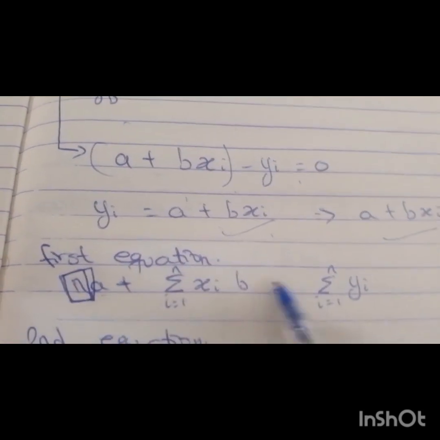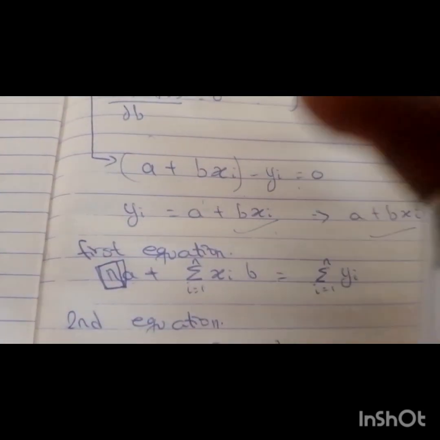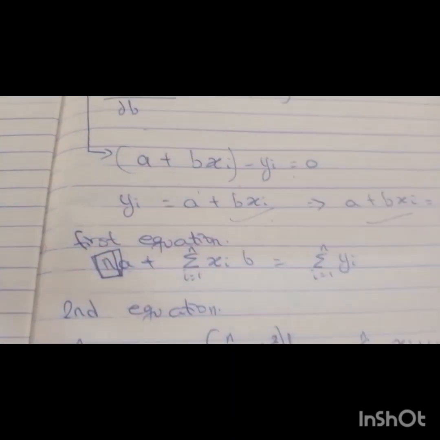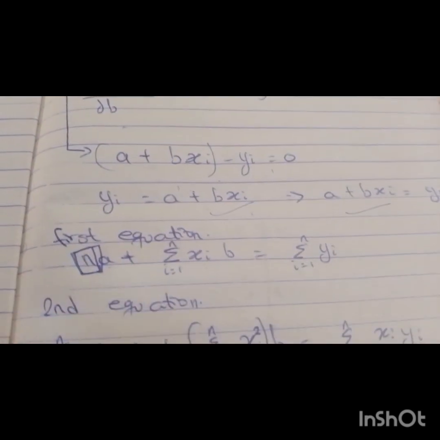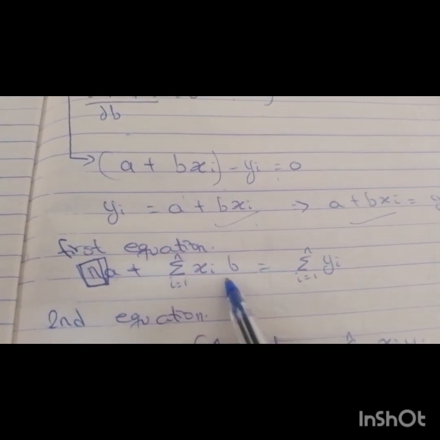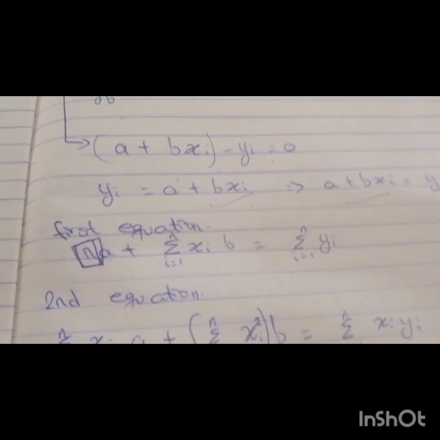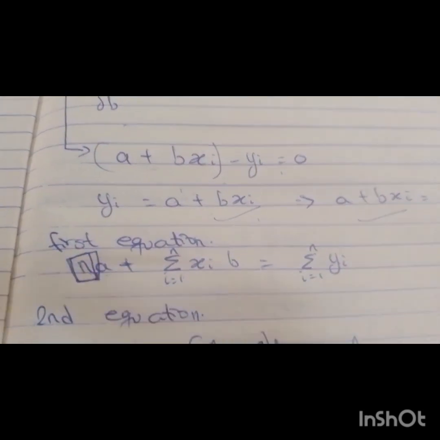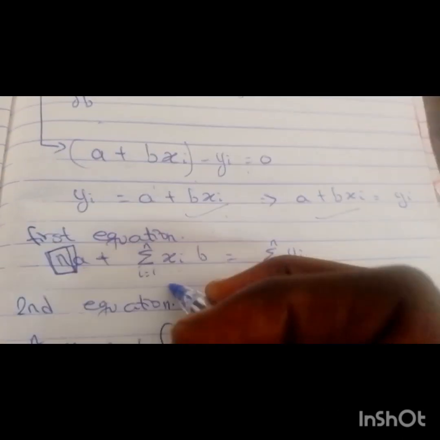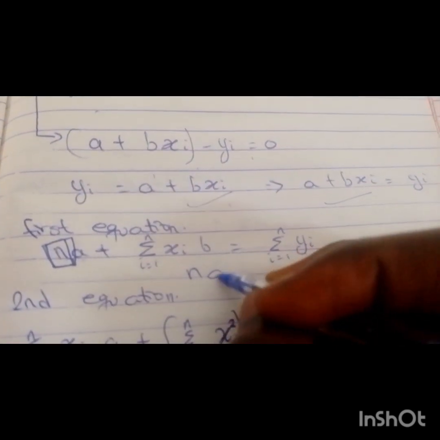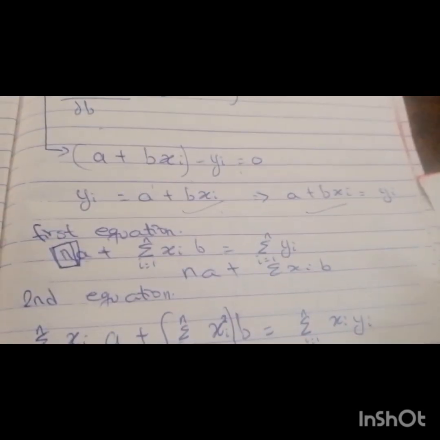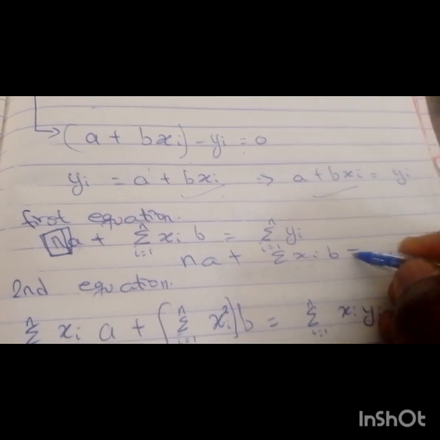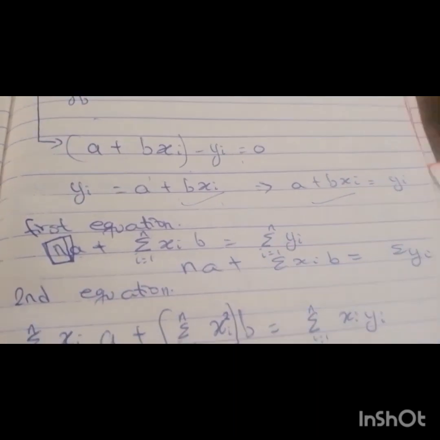You have these summations because you are dealing with a data set, not just one point, but 2, 3, 4 or more. Since each of them is a summation, it makes sense that we multiply the number of data points you are working with by the first term. So this is your first equation: the number of data points times a, plus the summation of xib, equal to the summation of yi.